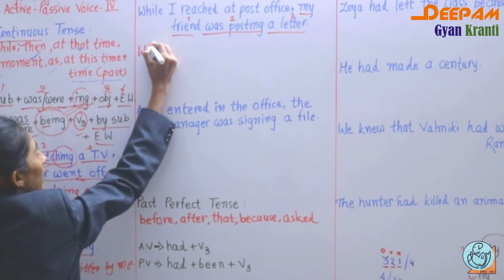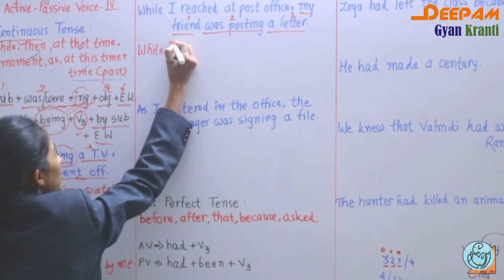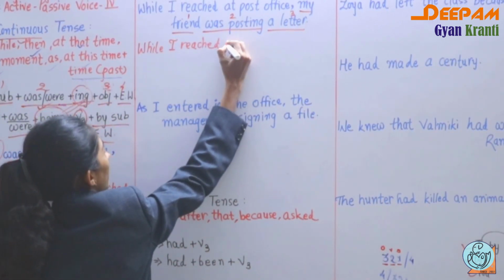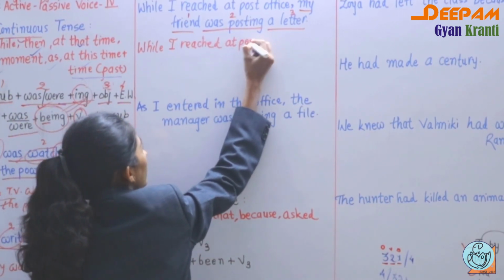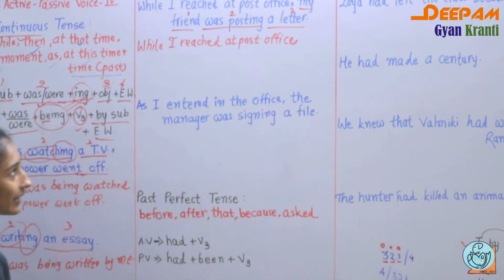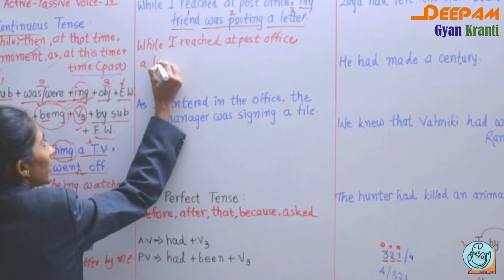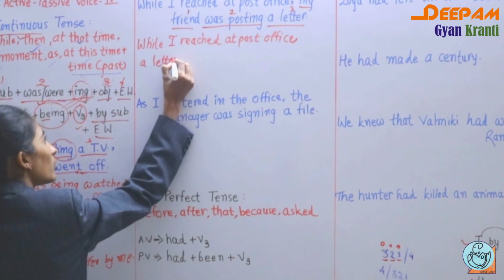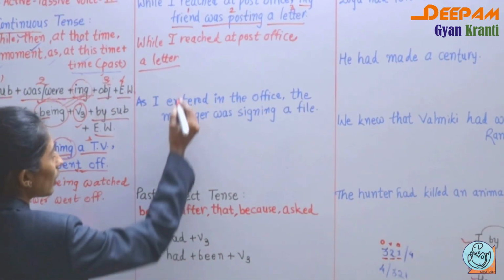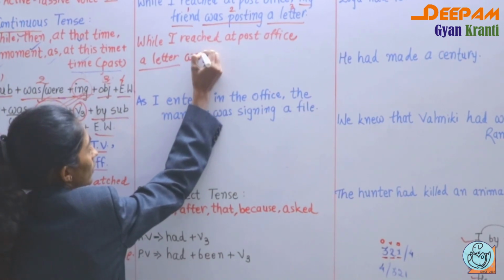So the first sentence will remain as it is: while I reached at post office, right? Now the third number we have to write in front. So a letter. Now check, is a letter singular or plural? Definitely a letter means one letter, so that is singular. So what do I have to add? So was, right?